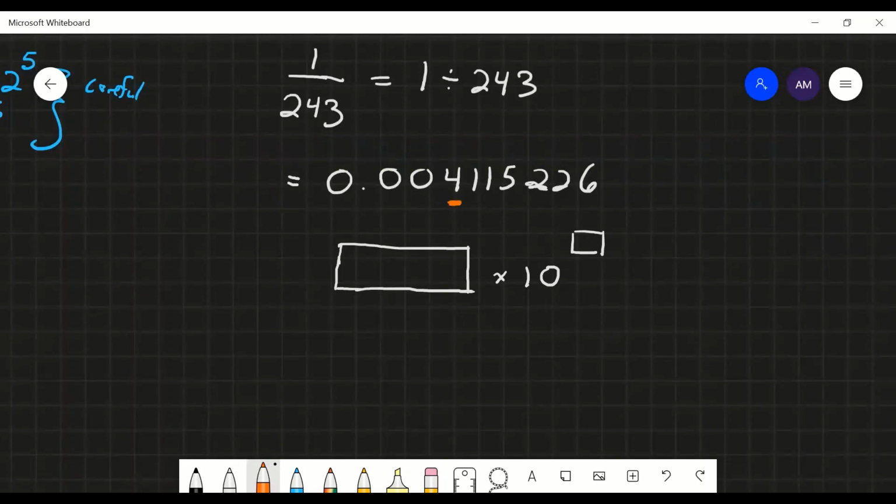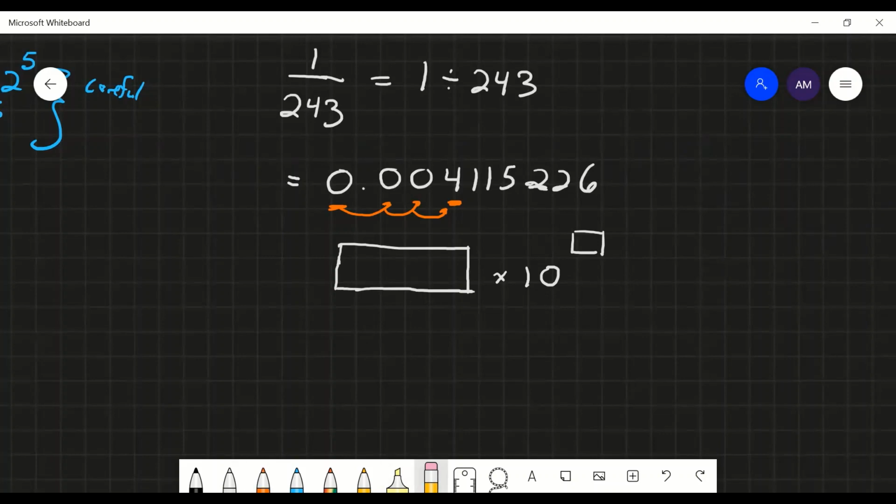And think to yourself, if the 4 was at the start, right before the decimal place, how many spots does it need to move? Well, 1, 2, 3. So it has to move 3 to the right, or it has to become 3 orders of magnitude smaller than what it was if it was the 4 over here. That's one way of looking at it.